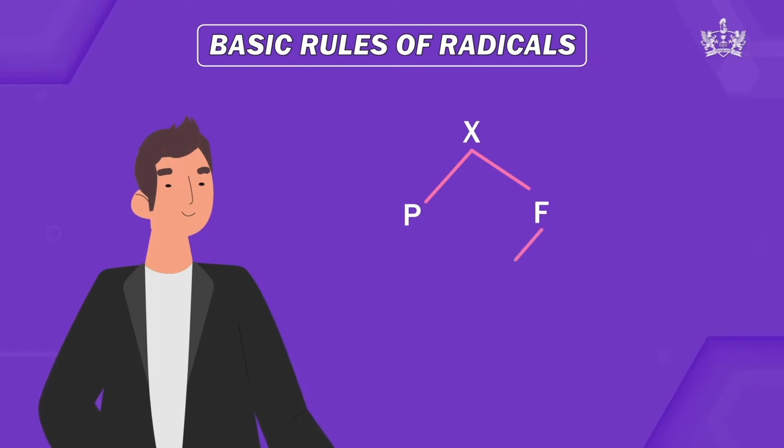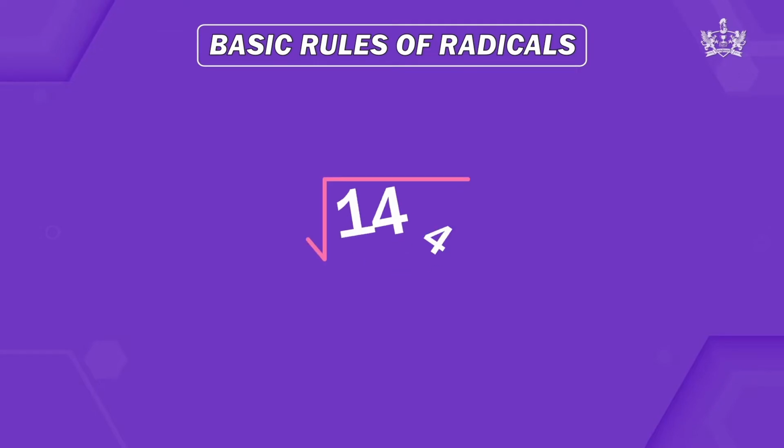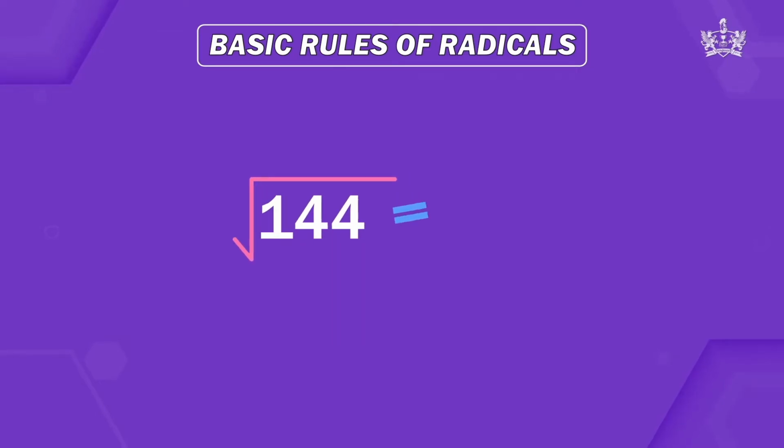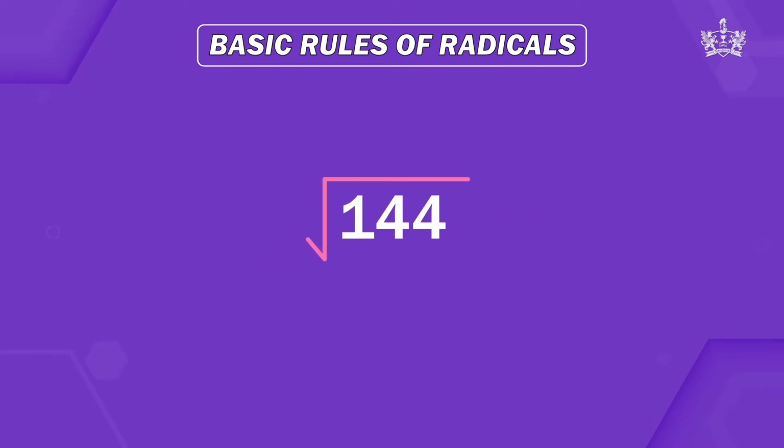So, if radicals undo exponents, then to simplify radicals, we just need to prime factor the radicand. Let's take the square root of 144. We know that the answer is 12, but let's say we didn't. How would we simplify it? Well, we know that 144 is an even number, so 2 must be a factor.